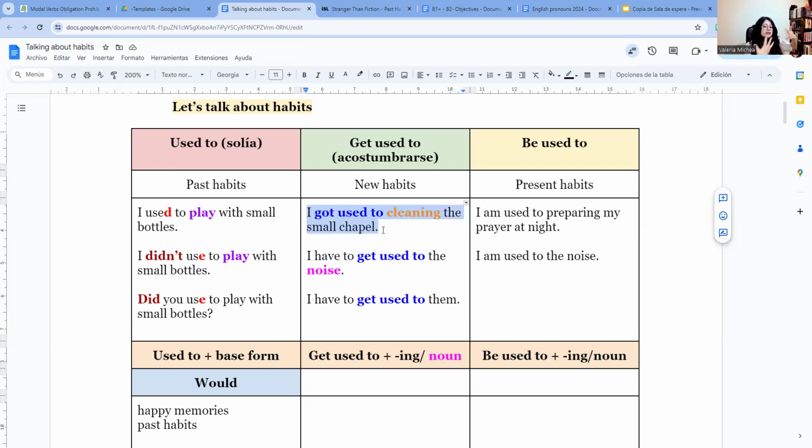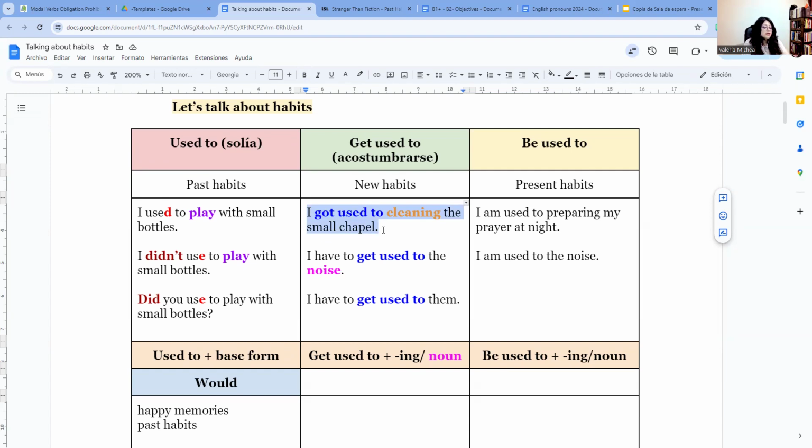Probably it's something that it's kind of new in your life. So if I say I got used to cleaning the chapel, it means that it was not something that I did in the past, like a regular thing. But now I have this responsibility. So yeah, I got used to cleaning the small chapel. Like it's recent in my life. Even though it's in the past, it's a recent habit.